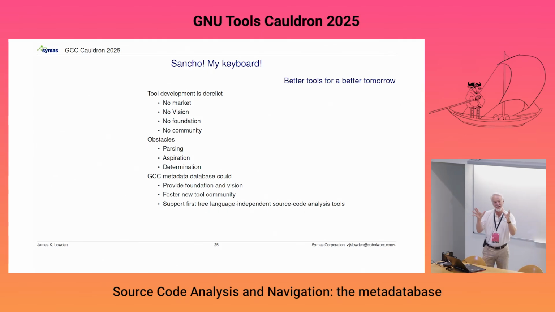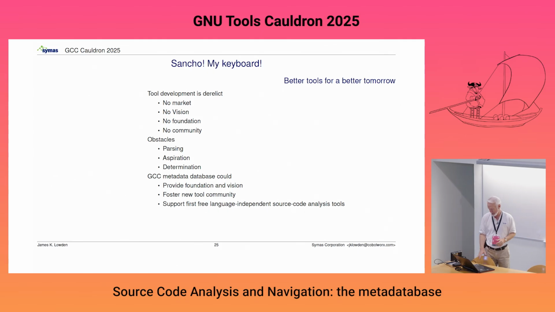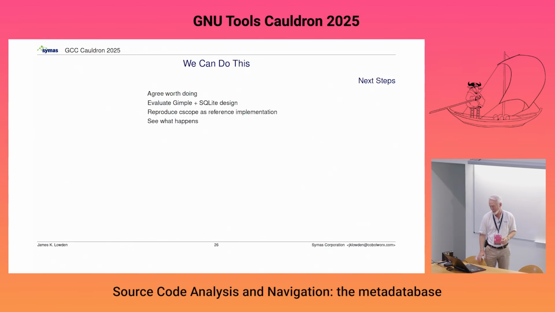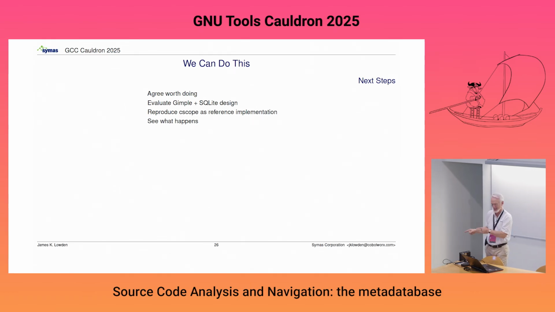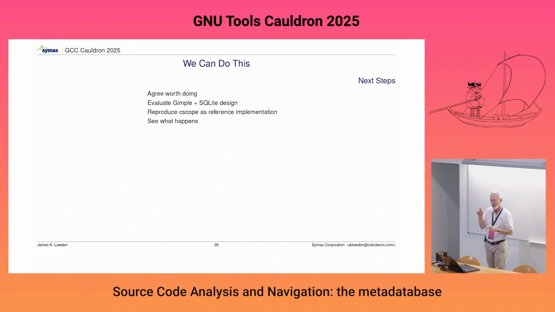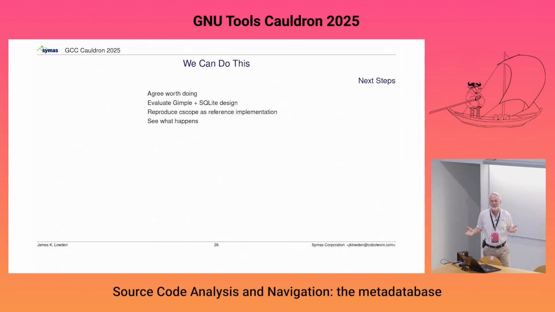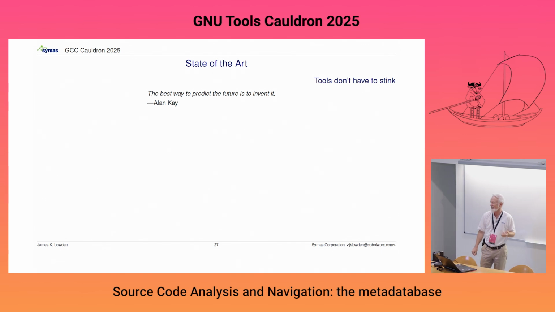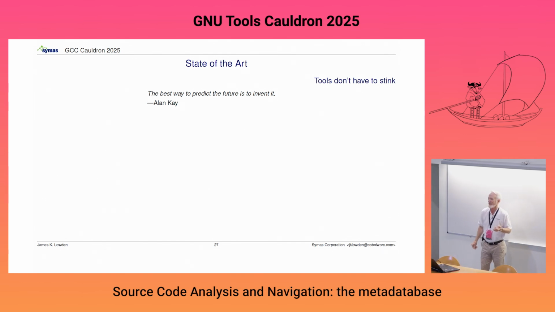But I want to do it for the whole of GCC. If I can convince you we should do it, then help me figure out how. Now we've moved from if to when. And then we'll reproduce an example and watch that snowball get bigger. Thank you for your time.